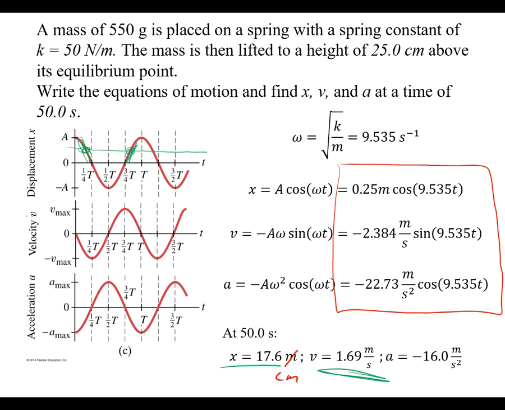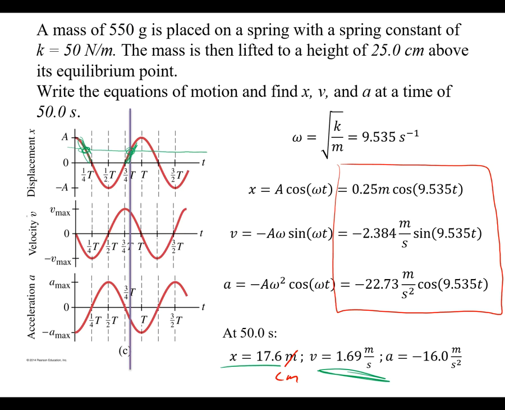Well, your velocity here is positive, which means that the only time you can have a positive velocity of 1.69 would be at this point here, so you would have to have a positive slope. And so that tells us that this is the point that we are looking at right here.